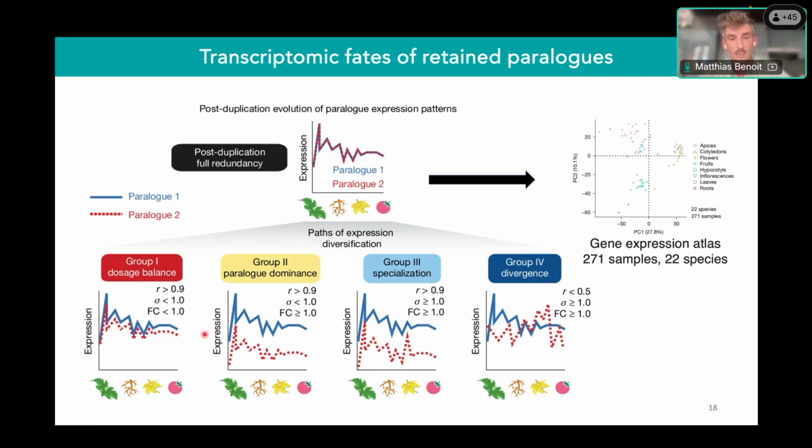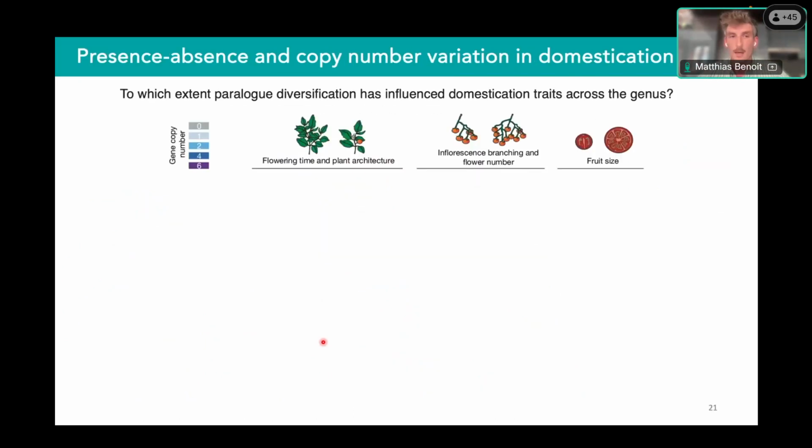Because if you edit one of the two copies, there will be the possibility for the second copy to either fully compensate the loss of the first one, or to compensate to some degree the loss of the functional paralog, right? So if we are not aware of the existence of such paralogs in plant genomes, then it becomes difficult to really obtain the expected trait of interest at the end of the day after mutation.